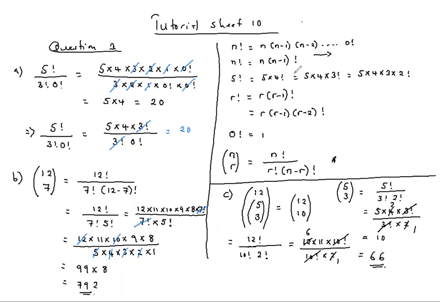We go to question 2. If k and r are integers such that 0 is less than or equal to r, which is less than or equal to k, prove that k choose r is equal to k plus 1 choose r minus k choose r minus 1.